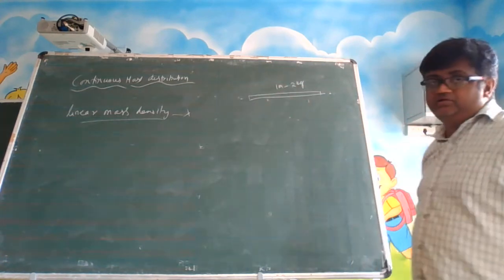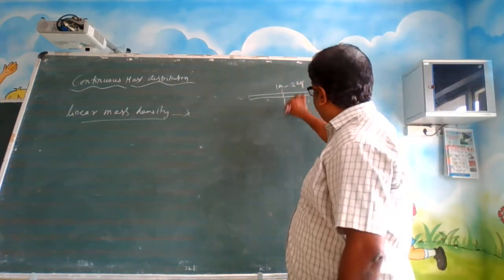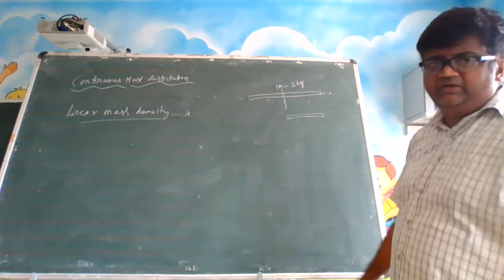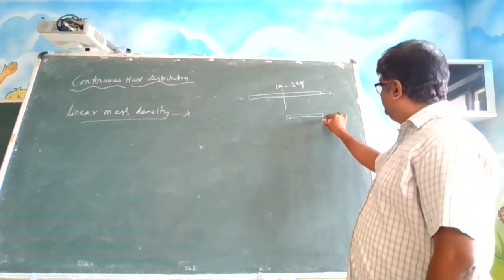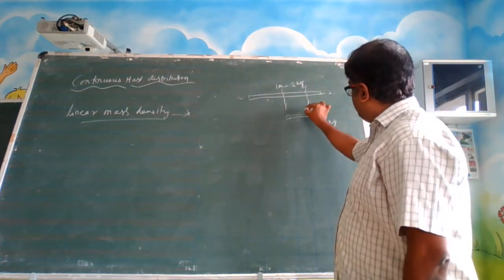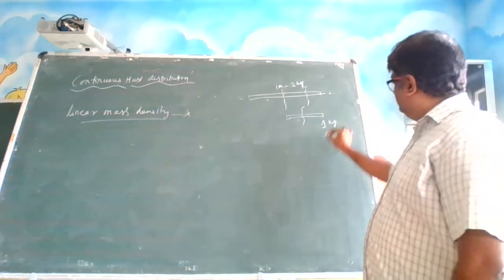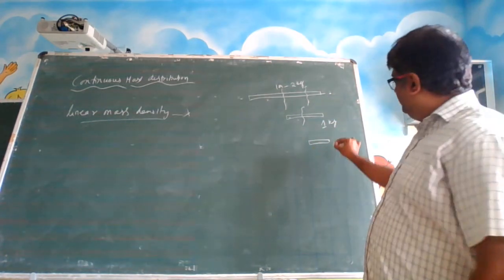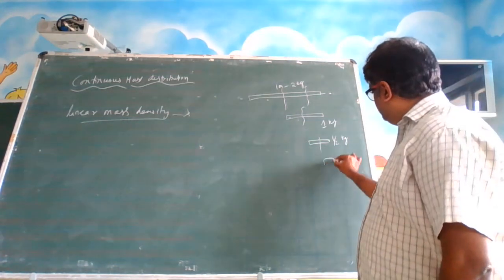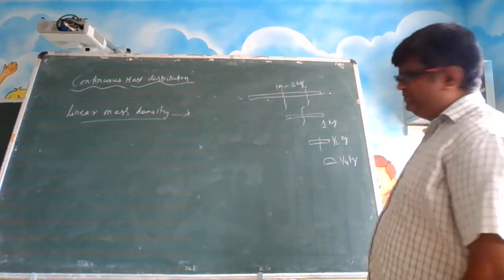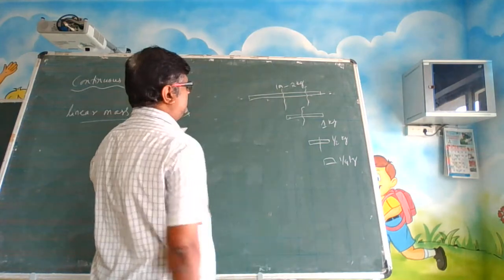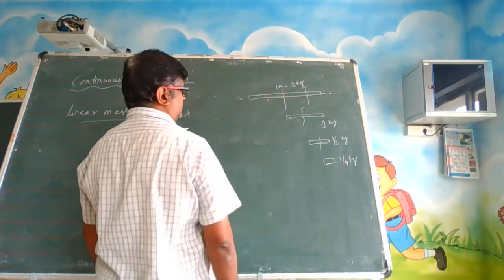If I cut it in half, this piece is left. What is the mass of this? Do you need any big mathematical calculations? No. It is 1 kg. If I half it again, this is left over. It is 1 divided by 2 kg. Further half you do, you are left with 1/4 kg. Okay? So what is happening? Half mass, half length. 1/4 mass, 1/4 length. 1/8 mass, 1/8 length.